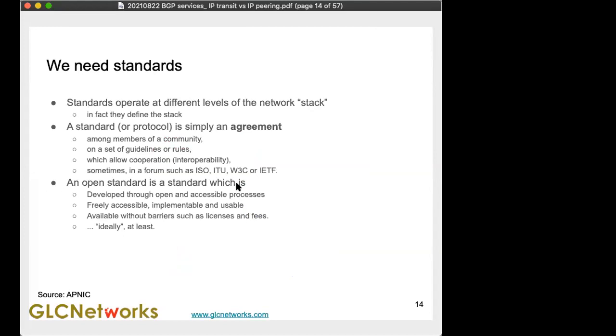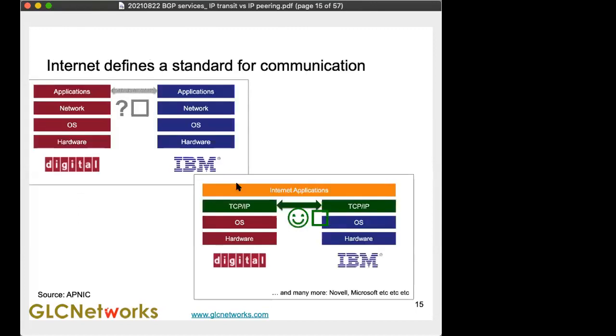And what we want is an open standard. An open standard is a standard that can be developed through an open and accessible process. So it's open for everyone, freely accessible, implementable, and usable. All the specifications are there, and anyone can access them. That's the kind of standard or protocol that we really want. Then we implement it, and it becomes the internet standard.